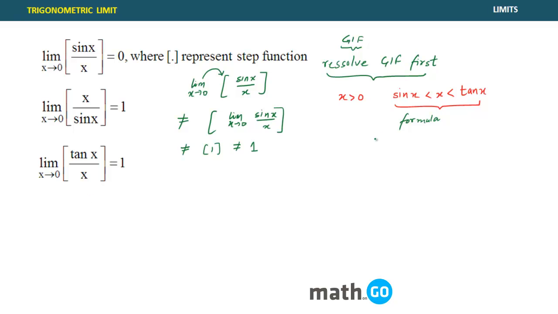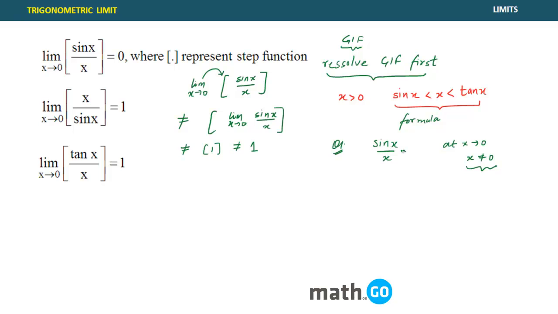Okay, so now the first question: inside GIF there is sin x by x, right? As x approaches 0, they both will become 0. We know that fact, but still it is not exactly equal to 0, right? At x equal to 0, they both become 0, but we are approaching 0. We know that x is a bit larger than sin x.